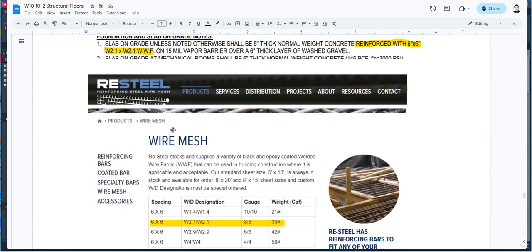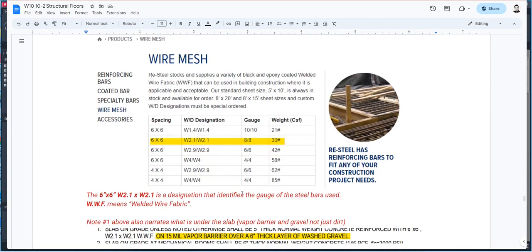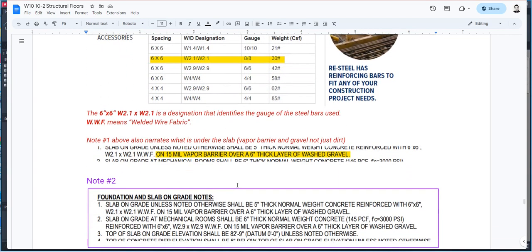And you can see manufacturers of welded wire fabrics or welded wire mesh have designations on these, like 6 by 6 W2.1, W2.1. It's basically a designation for what gauge is the metal used to make the fabric, and how heavy, 30 pounds. So that's basically what it means.